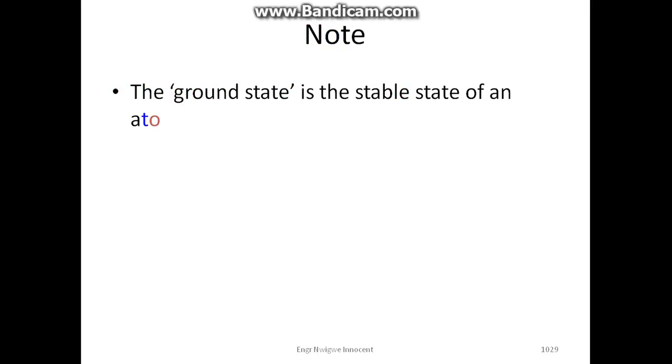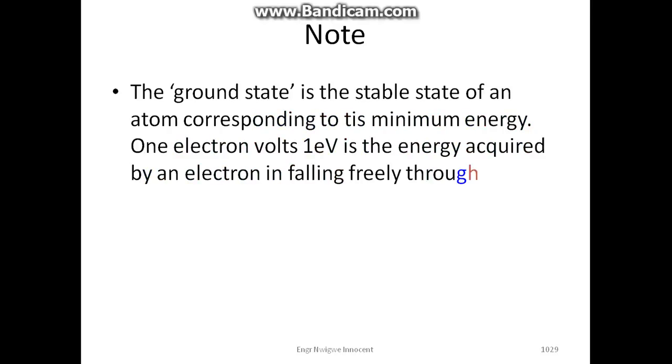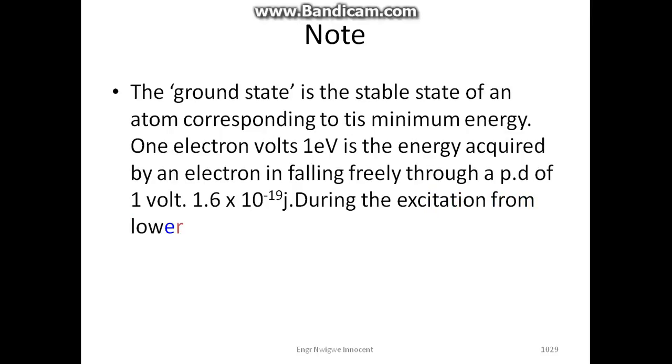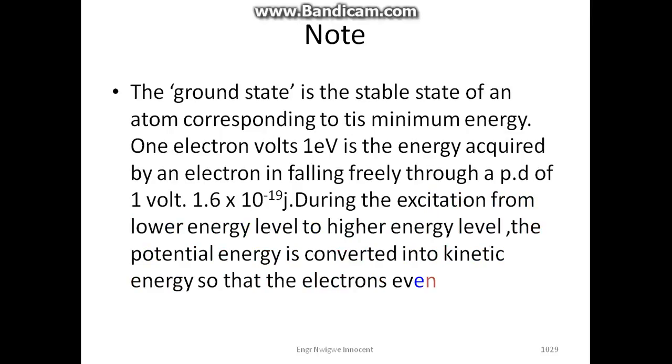Note: the ground state is the stable state of an atom corresponding to its minimum energy. One electron volt, 1 eV, is the energy acquired by an electron in falling freely through a potential difference of 1 volt, which is 1.6 times 10 raised to power minus 19 joule.